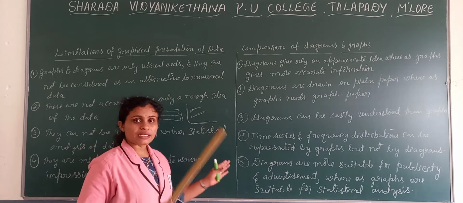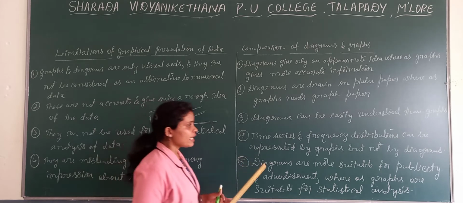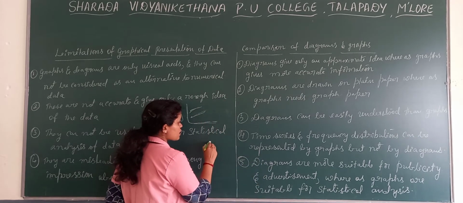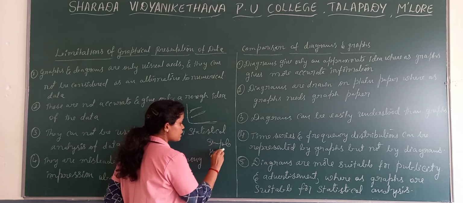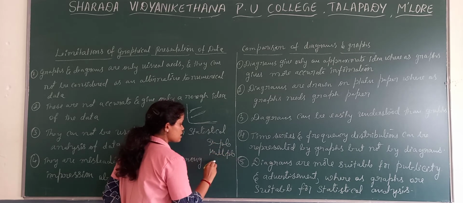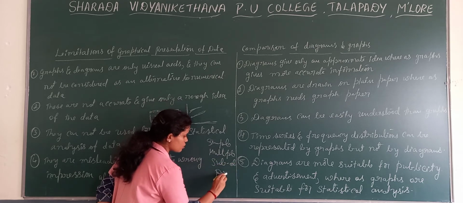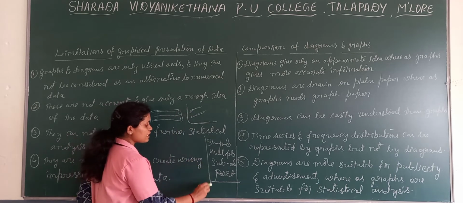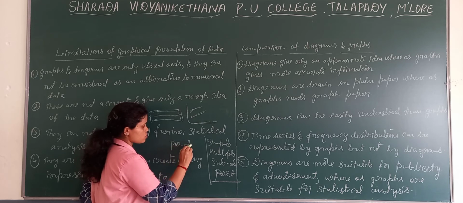Now when we compare diagrams and graphs, what are diagrams? The diagrams we studied: one-dimensional diagrams, that is the simple bar diagram, multiple, subdivided, and percentage bar diagrams. These are one-dimensional diagrams. Then in case of two-dimensional, the pie diagram.